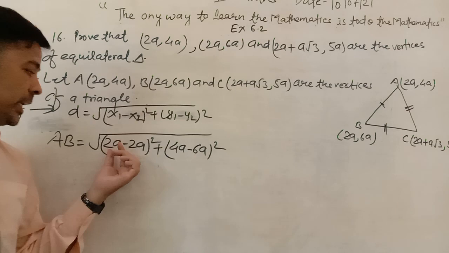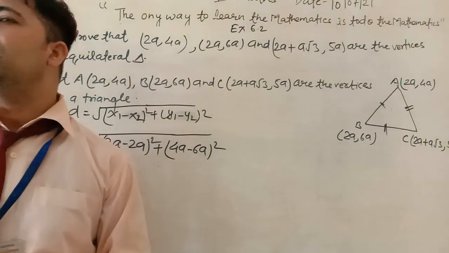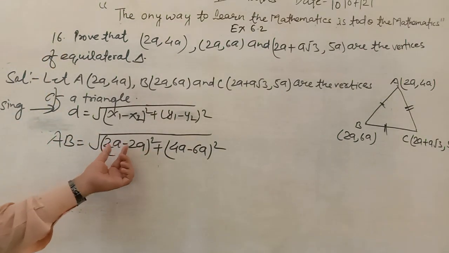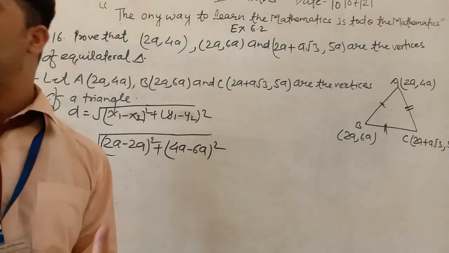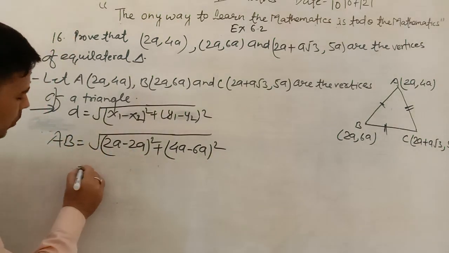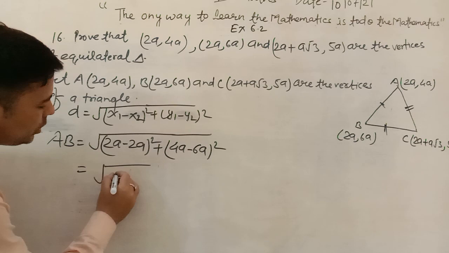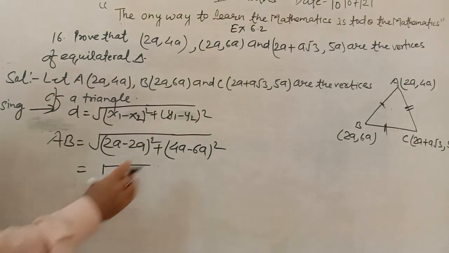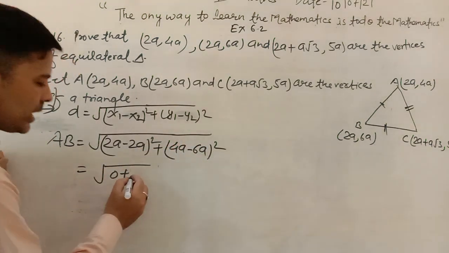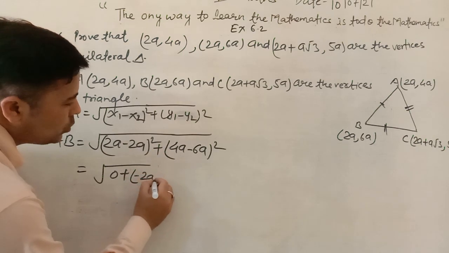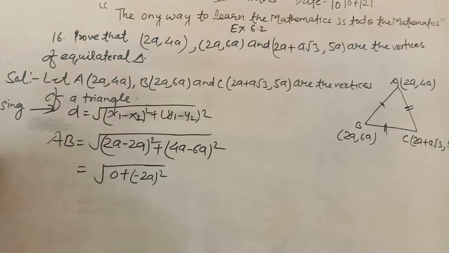Here, student, you will get 2a minus 2a cancel each other, so its value is 0 whole square, which gives you 0. Now this is equal to 0 plus (4a minus 6a), which gives you (minus 2a) whole square.